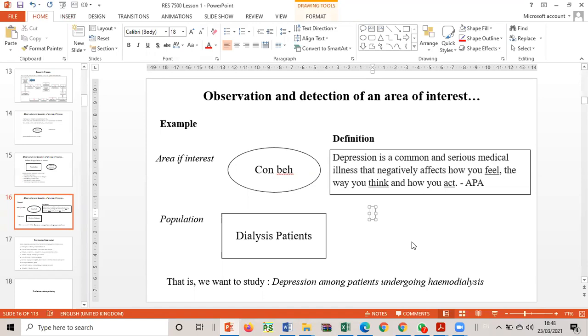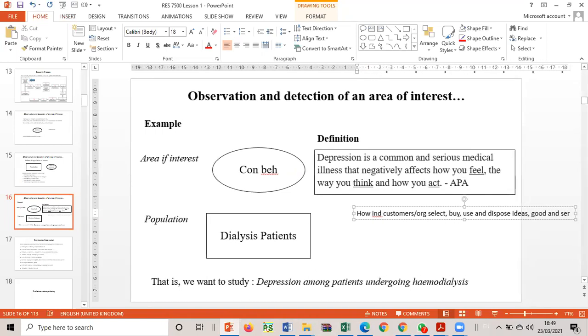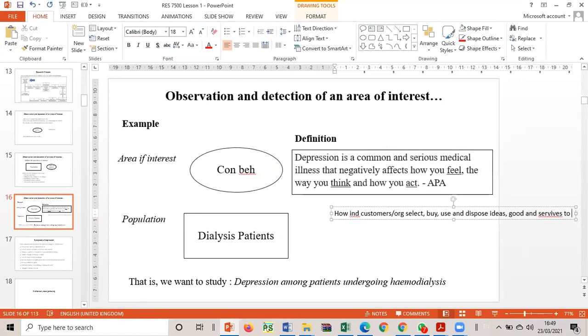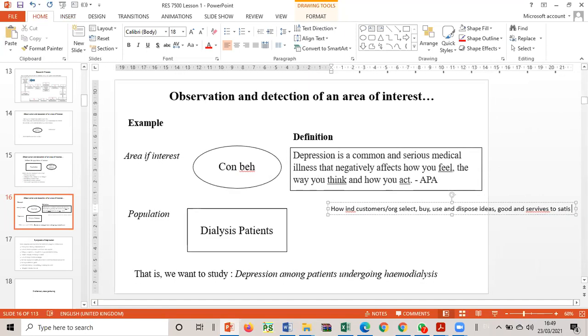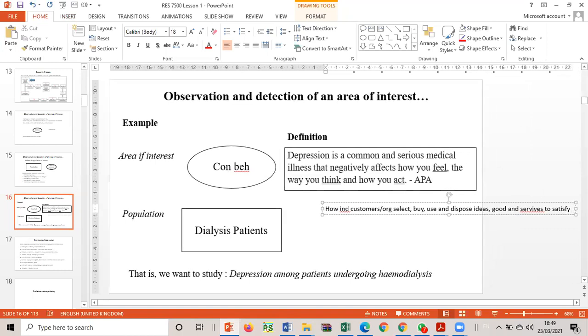The study of how individual customers or organizations select, buy, use and dispose ideas, goods and services to satisfy their needs and wants.